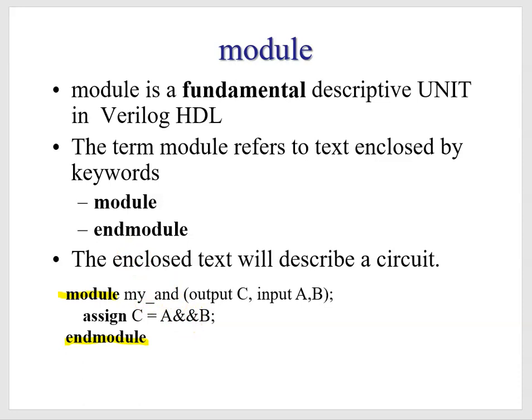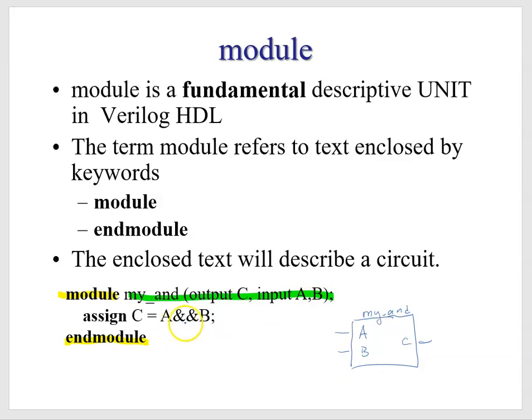After module, we have what we'll call our port list. It says we have output C and input A, B. This module statement, or port list, is our block diagram. So we have A, B, and our output C. That's the block diagram of my_and.